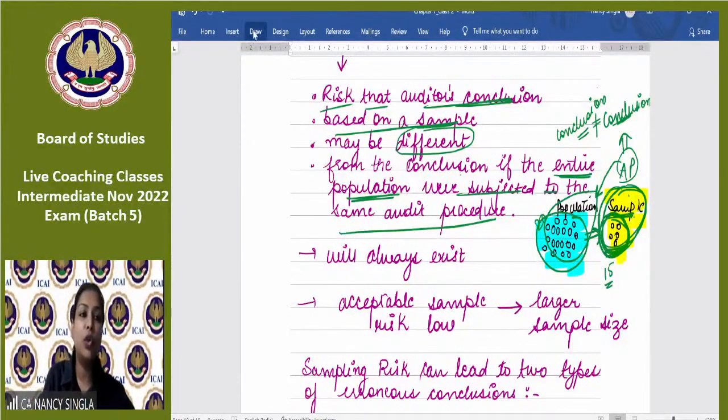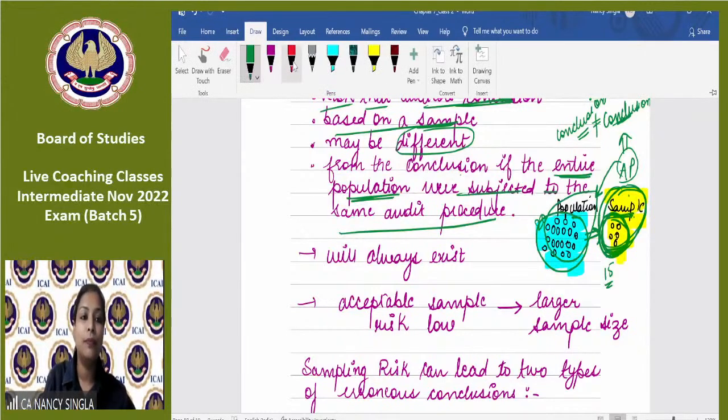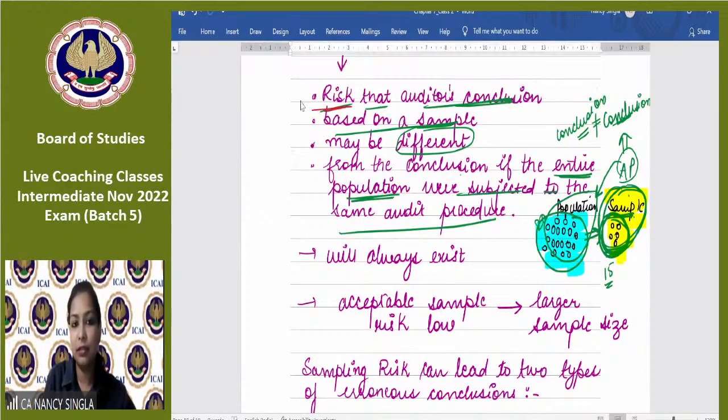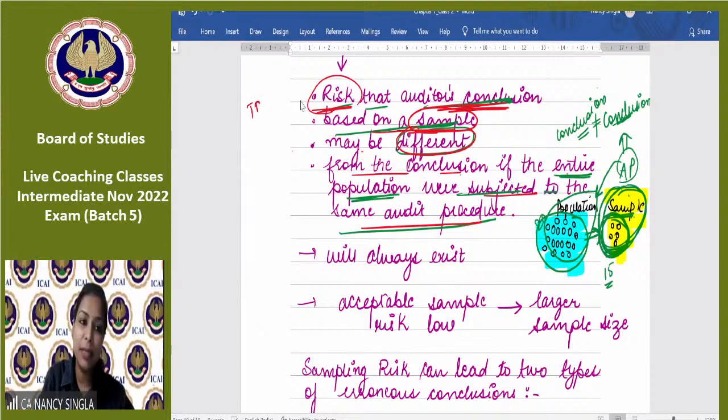So let us have a look at this definition again. So risk, that the auditor's conclusion based on the sample may be different from the conclusion if the entire population were subjected to the same audit procedure. I gave you example कि traveling bills जो हैं, they were, let's say for simplicity, let's say they were 20 in number. ठीक है.